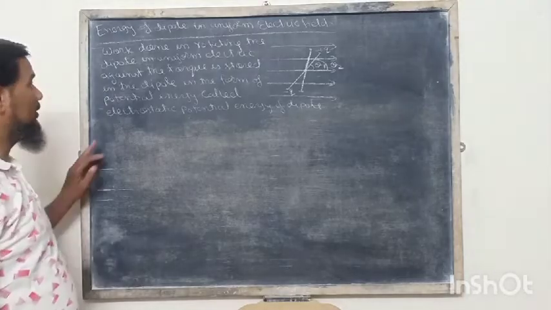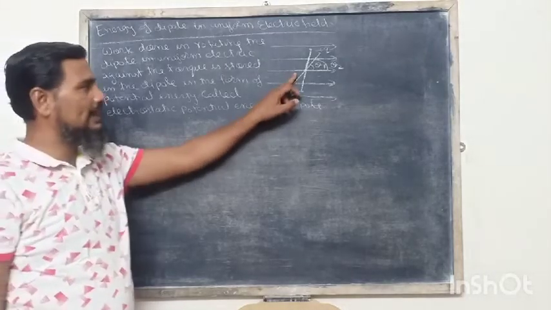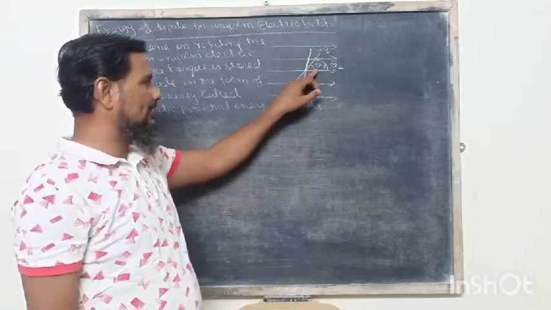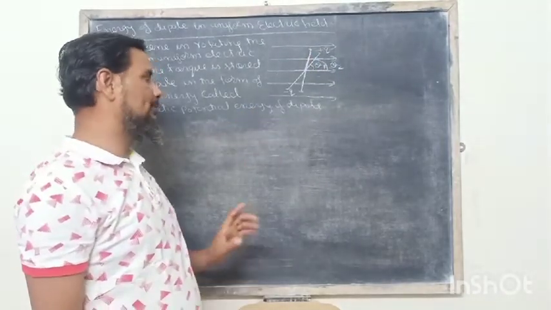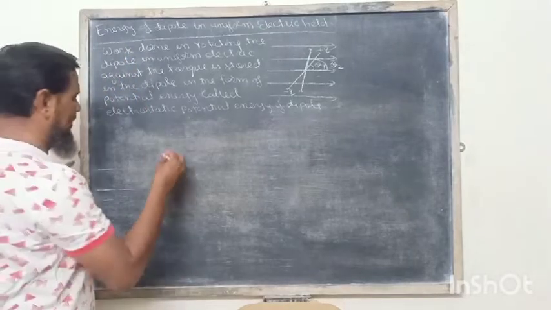This is the definition of energy of a dipole. When a dipole is rotated, work is done against the torque, and this work done is stored in the dipole in the form of potential energy.